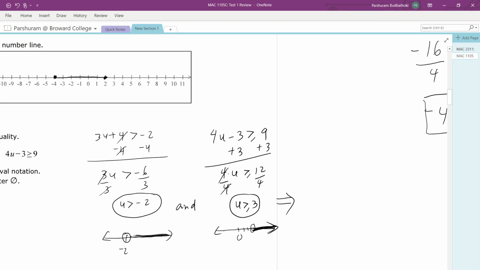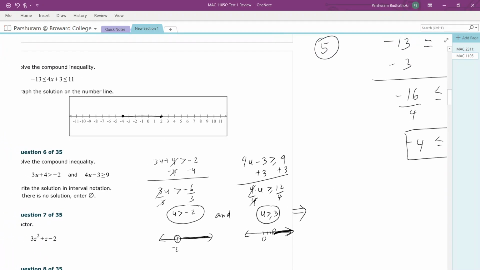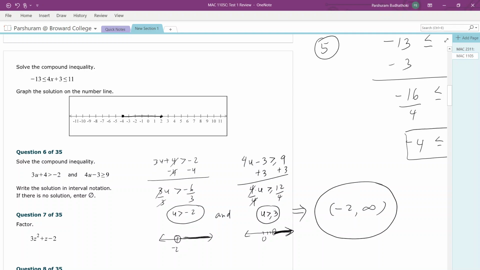So the union of these two is everything greater than negative 2. The solution in interval notation is from negative 2 to positive infinity. That's the final solution. Because for this inequality there is an and, we need to find the union of the first one and the second one.